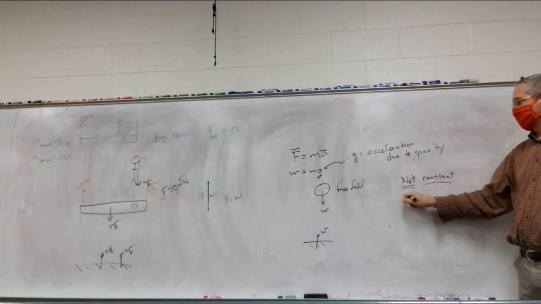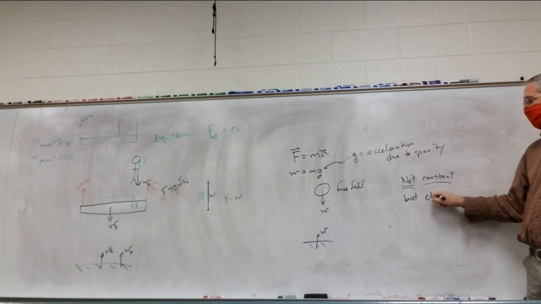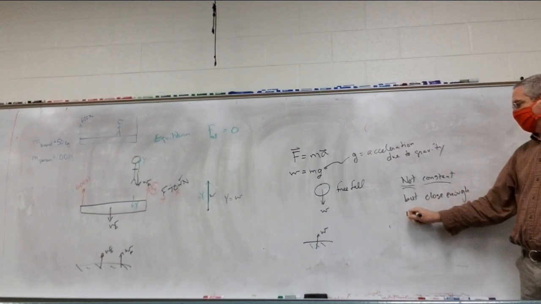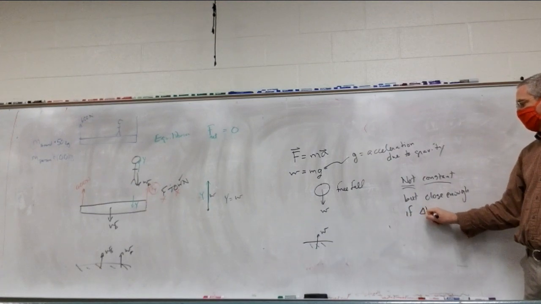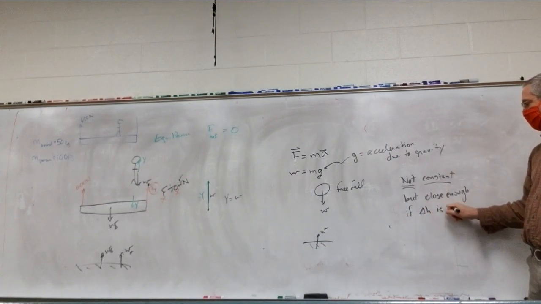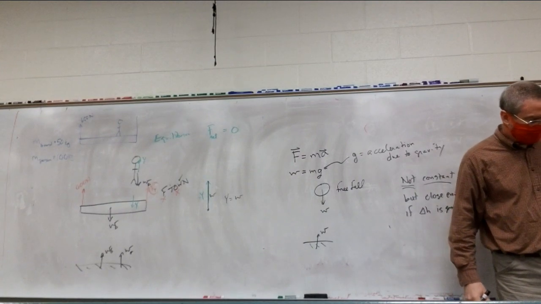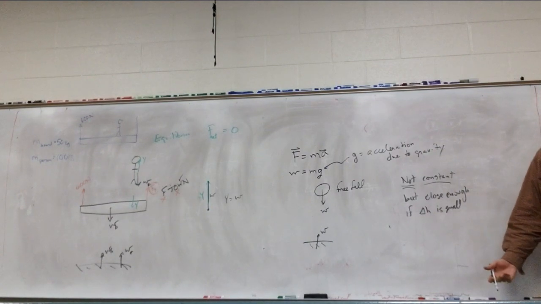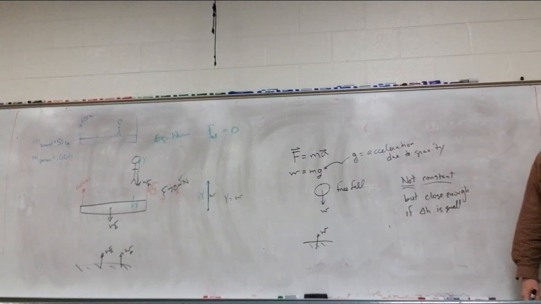Not constant, but close enough if the change in the height is small. And what I mean by small is, if you think about the size of the Earth, small compared to the size of the Earth. The value of g at the top of the Empire State Building is close enough to the value of g at the bottom of the Empire State Building. So for things that are within a couple miles of the Earth's surface, we consider it constant, close enough.